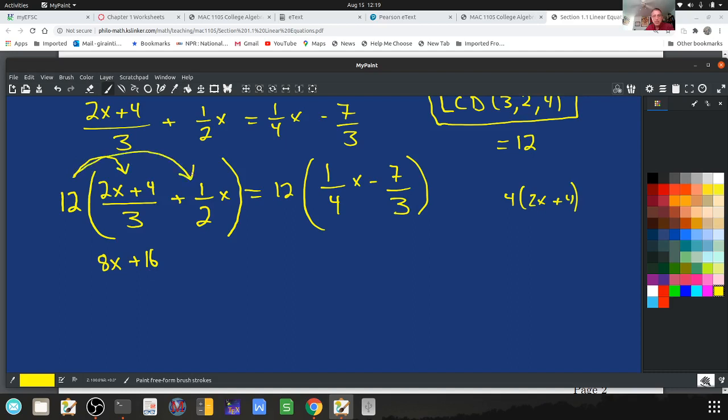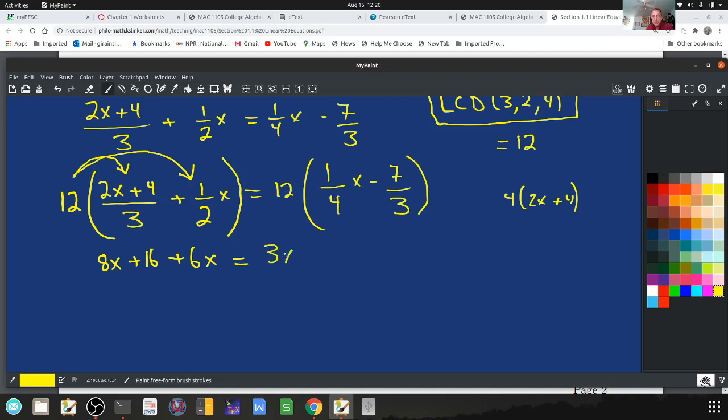Now let's distribute on the second. 12 times 1/2 times x is the same as 12 divided by 2 times x. And 12 divided by 2 is 6, so that gives me 6x. You should pause the video right now and see if you can get the right-hand side. 12 times 1/4 x is the same as 12 divided by 4, which is 3, times x.